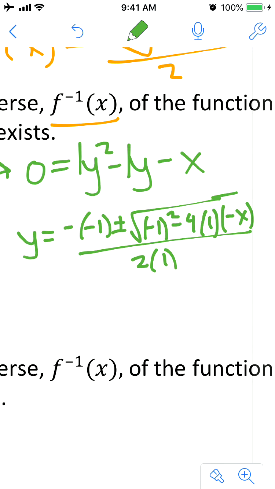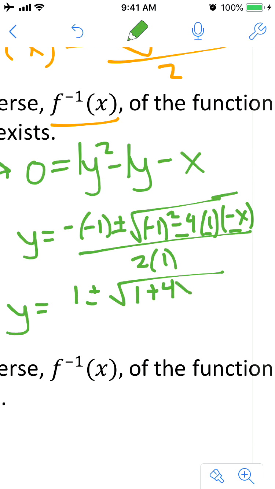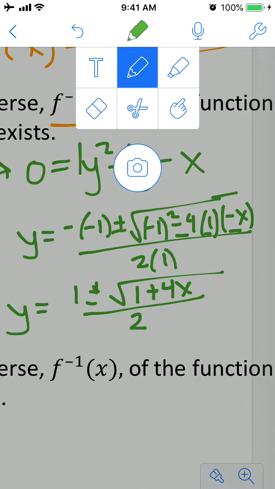Cool. That wasn't anything different. I just plugged in a, b, and c to the quadratic formula. Little simplification now. You get 1 plus or minus the square root of 1 minus, oh actually this would be negative 4 times 1 is negative 4, times negative x would be plus 4x, all over 2. And that would be my function.